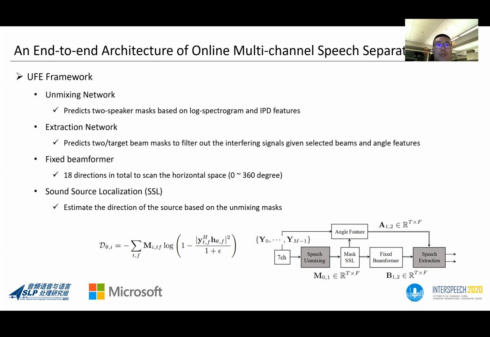Finally, the extraction network predicts target beam masks to filter out the interfering signals in the selected beam with the help of the angle feature. We predefine 18 groups of fixed beamformer filters in total to scan from 0 degrees to 360 degrees.